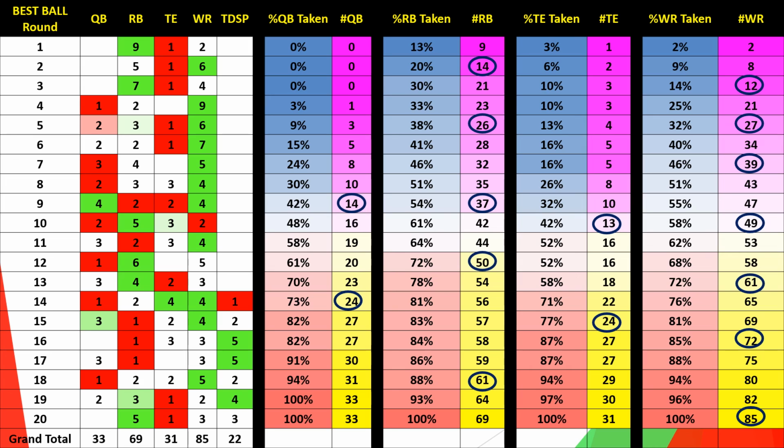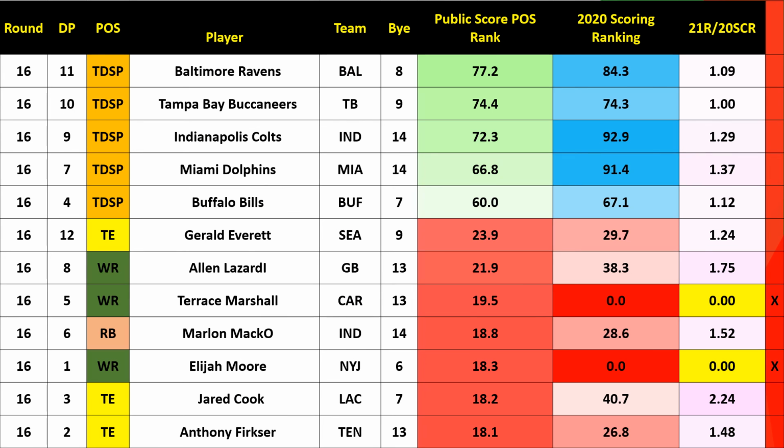16th round, lots of defenses. Nothing else really. Some tight ends are happening, but defenses are the game. Any one of these seem fine. The public likes the Ravens over the Buccaneers. That's fine. Everett, Cook, I like Cook as my tight end 3 if you want to take them.